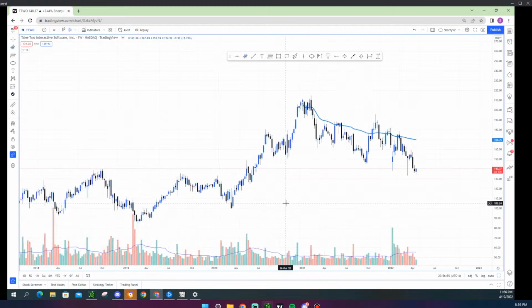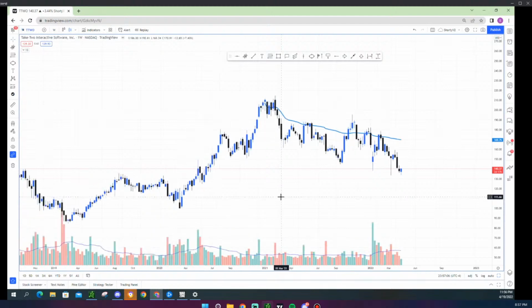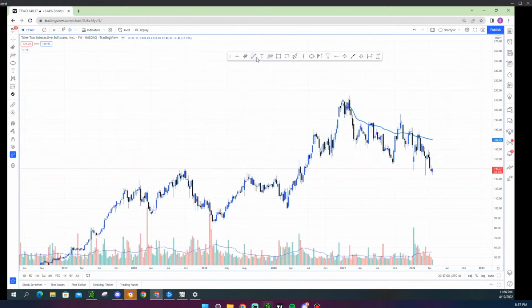Looks like it's gonna go back to about 169. Is that an anchored VWAP you just used? I mean, not anchored, but yeah, this is incredibly well.